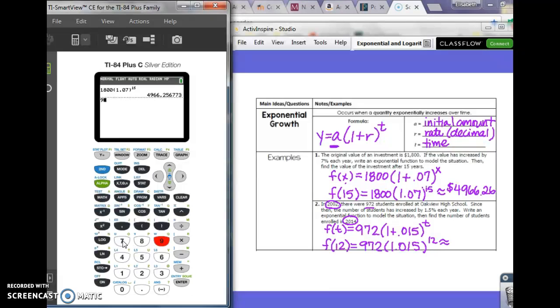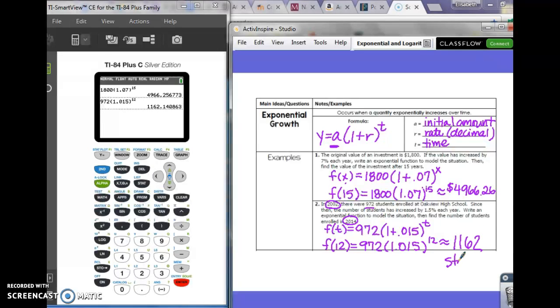So again, to my calculator, 972, then in parentheses, 1.015 raised to the 12th power. Now, in this case, since we're talking about students instead of money, we typically just leave it at the nearest whole student. So that's going to be 1,162 students. So as long as you know your initial amount, your rate, and your time, you're pretty much all set.